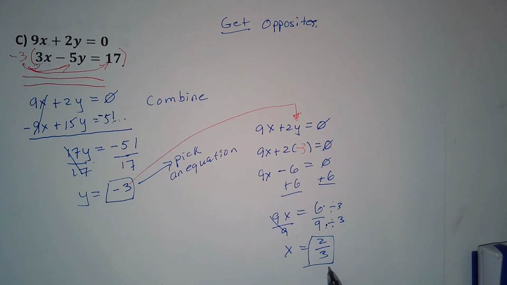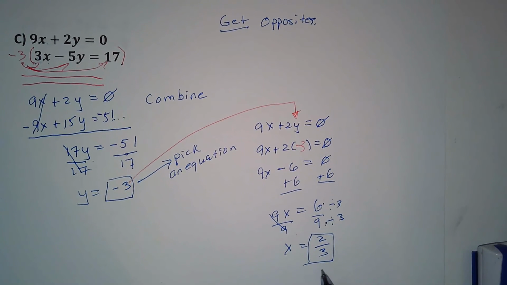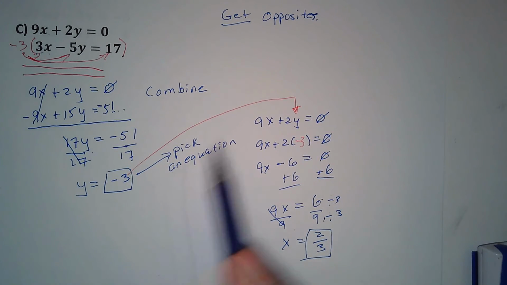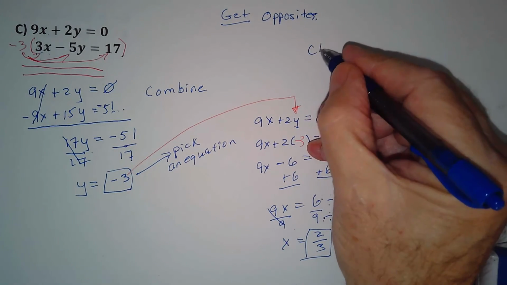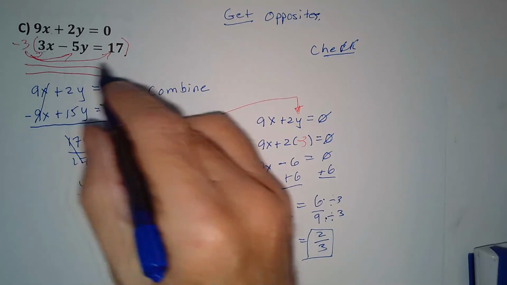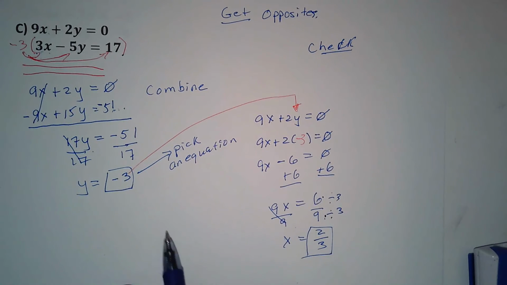Now, you know, this is a perfectly acceptable answer. Don't just decide that, oh, I must have made a mistake because I got a fraction. You will want to make sure that you check. So check. Plug these values for x and y back into each of these two equations, and see what you get.